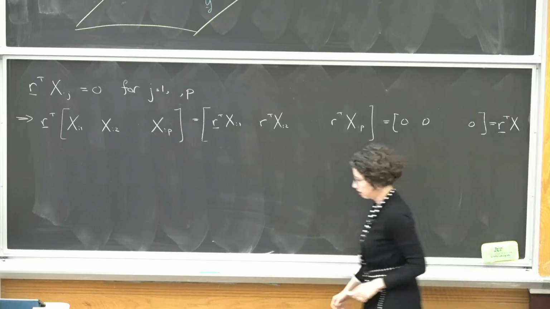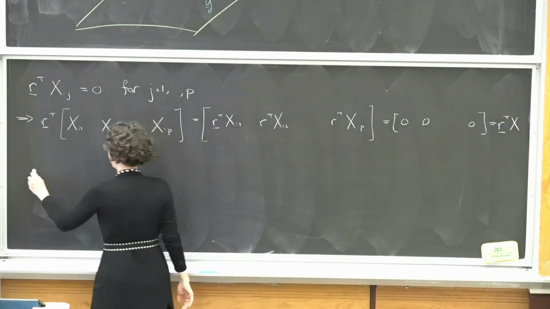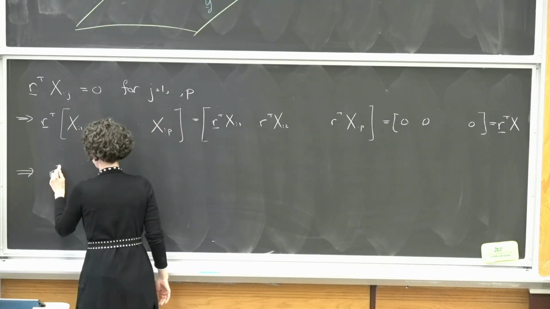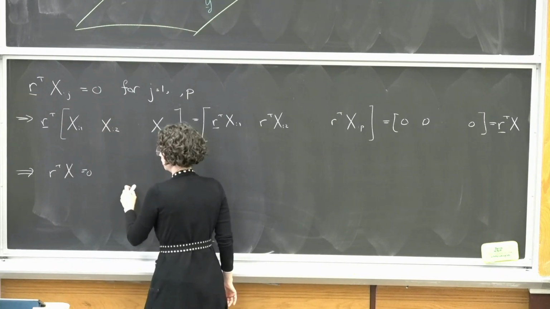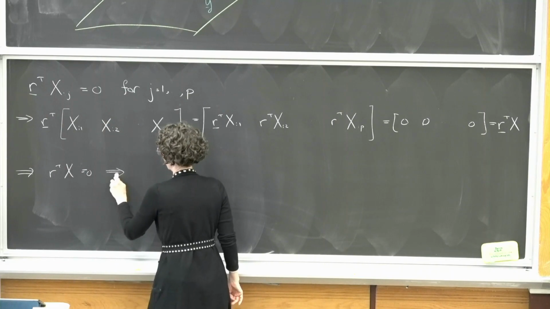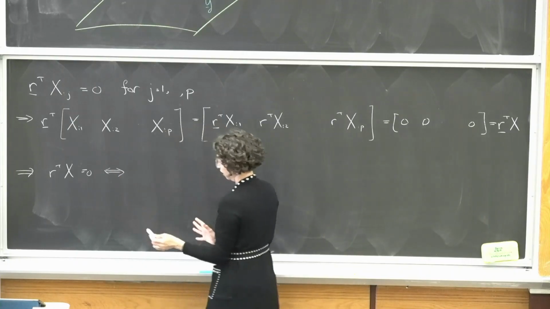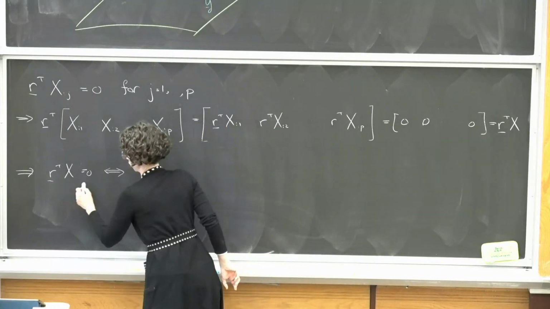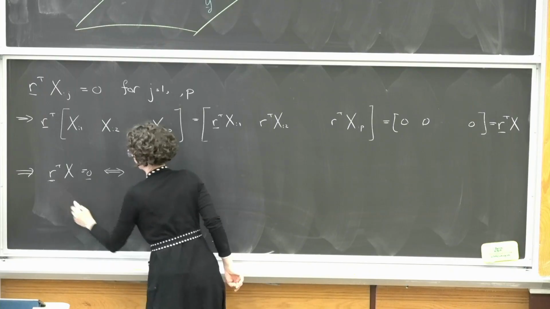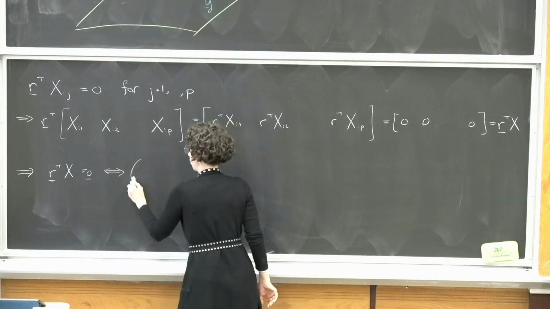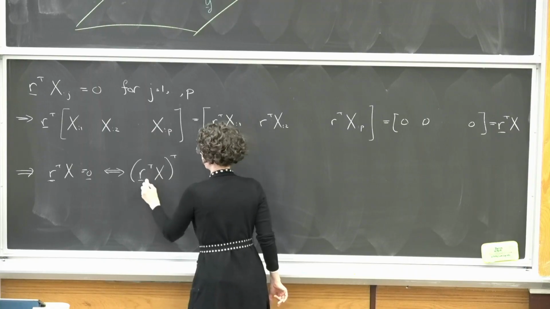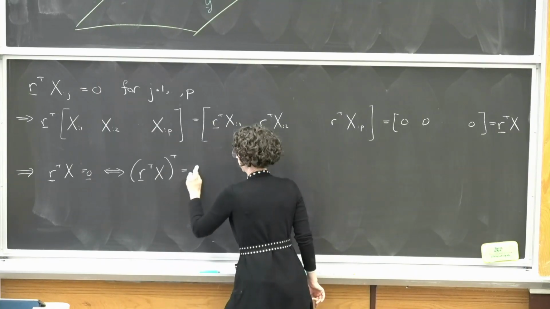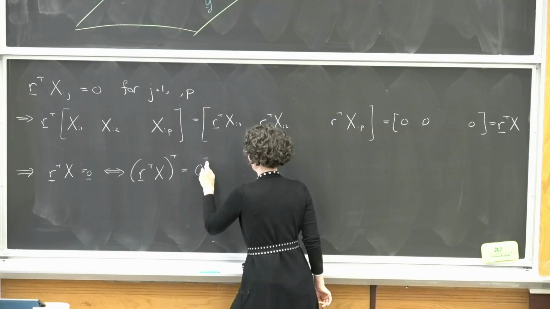And then what we had was R transpose X is equal to 0. Then I took the transpose of both sides of this expression. So this is a vector of zeros and a vector of R's. If I take R transpose X and transpose that, that's the same as 0 transpose here.